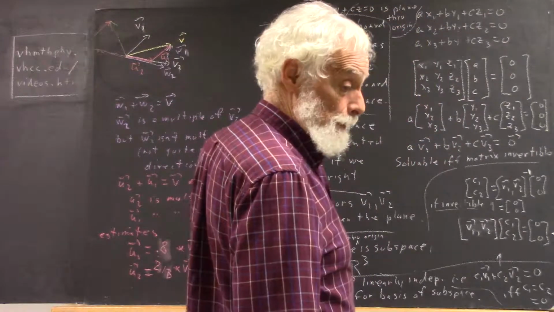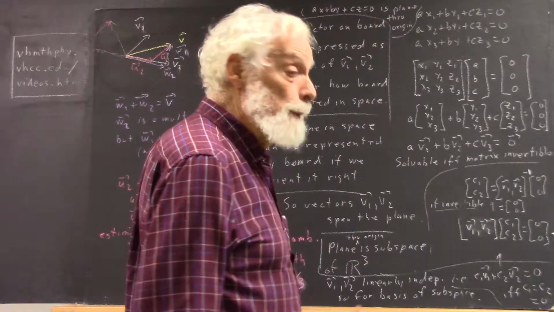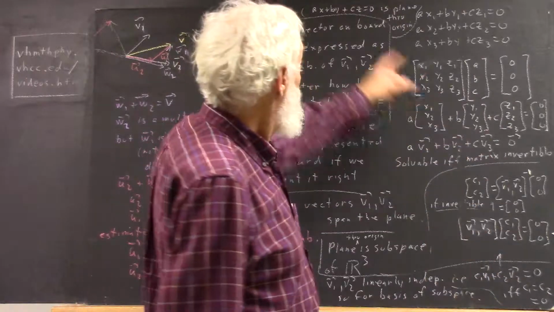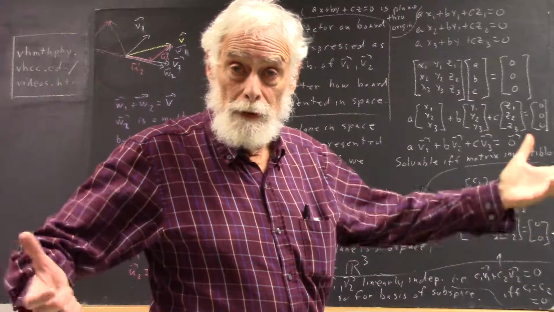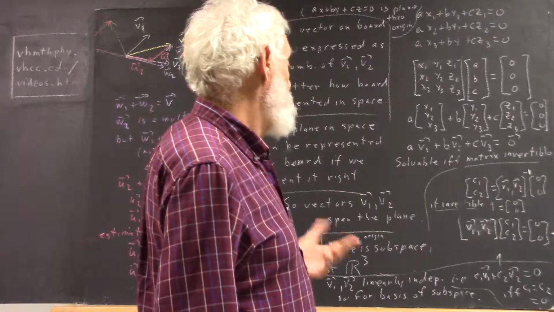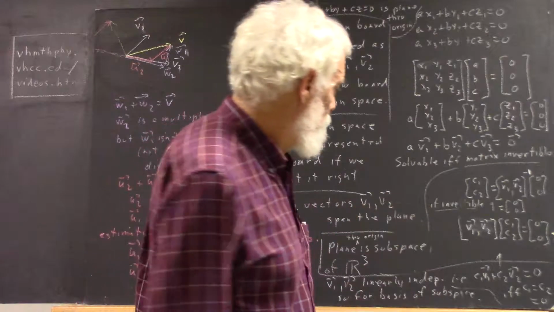This is a true statement. And it's also true that any plane through the origin has this form. Okay? Now that's something we prove in multivariable calculus, but it actually can be proved in courses at lower level than that.